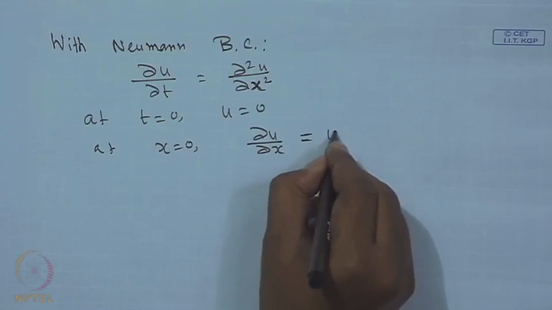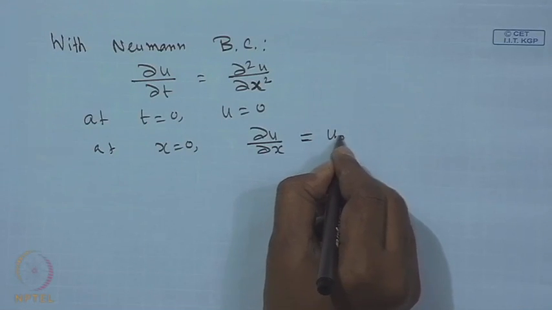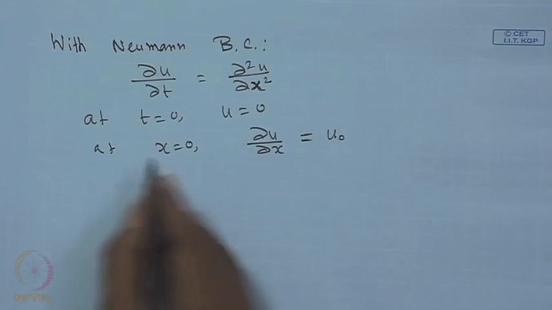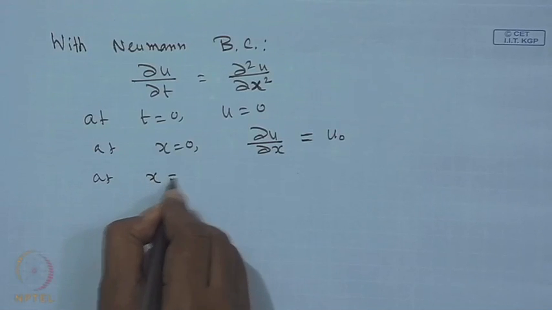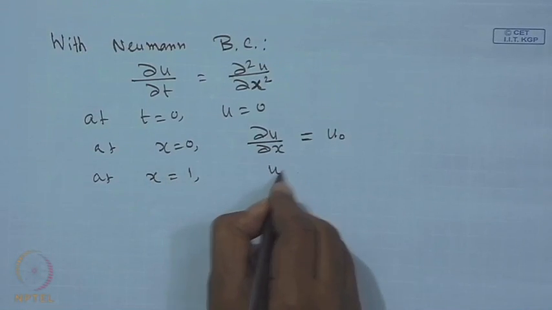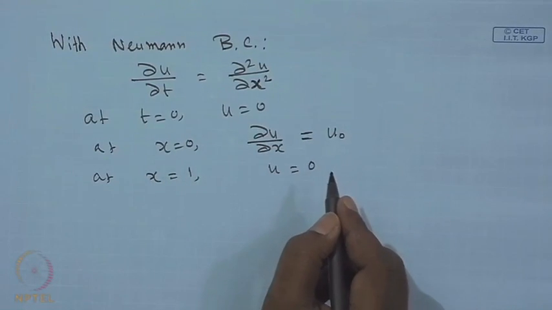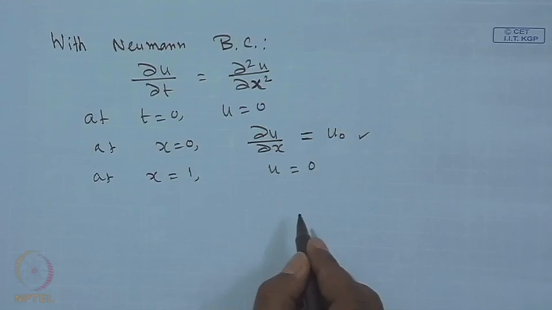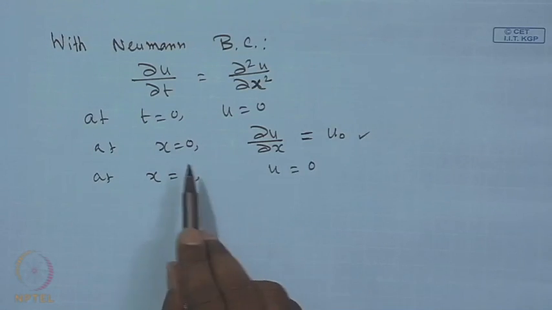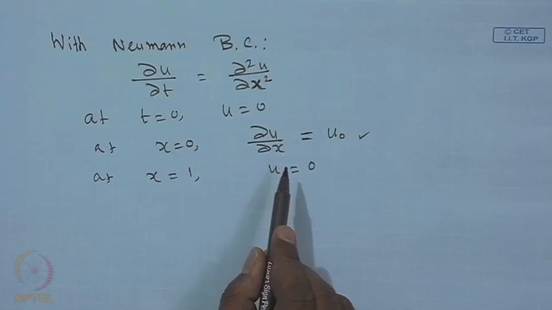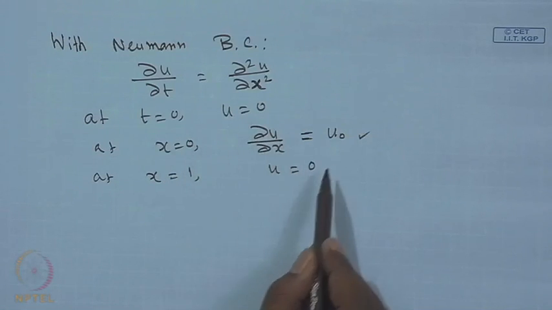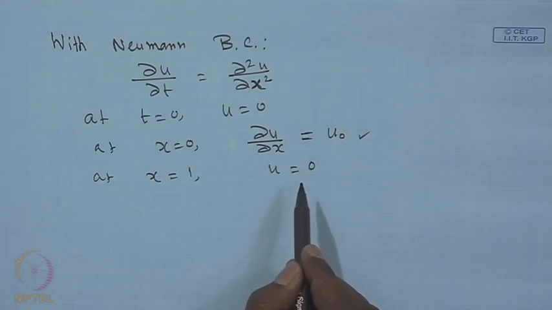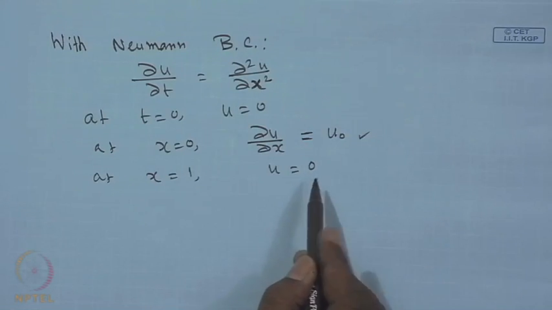So, that may be a constant u 0. At x is equal to 1, we have u is equal to 0. So, we have a non-homogeneous term u naught in the formulation of the boundary condition. So, this has a homogeneous initial condition and a non-homogeneous boundary condition, and the other boundary condition is homogeneous.